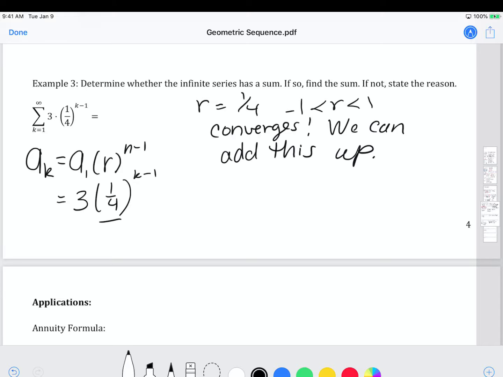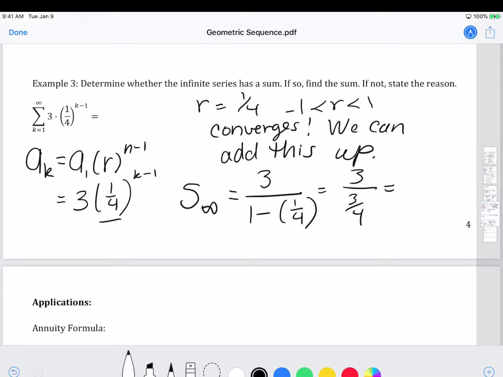Although it seems a little abstract to be able to add an infinite number of terms, we can do this. So we're going to use the formula for the infinite sum, where we take a1, which is 3, and divide it by 1 minus r, which is 1/4. 1 minus 1/4 is 3/4.